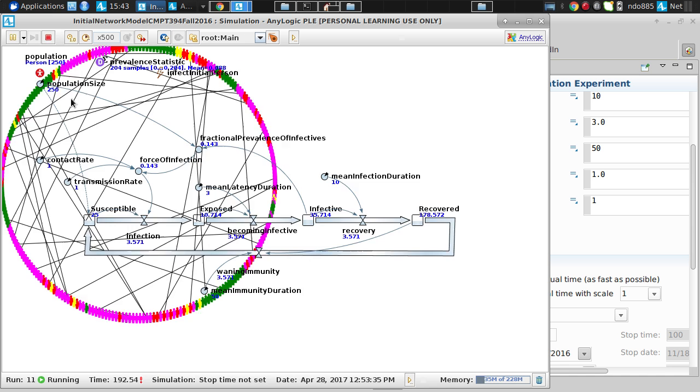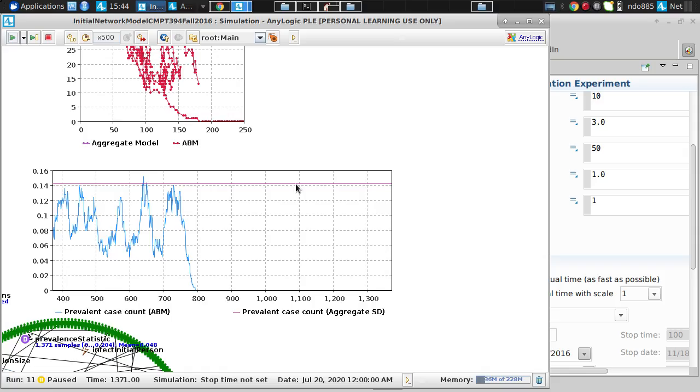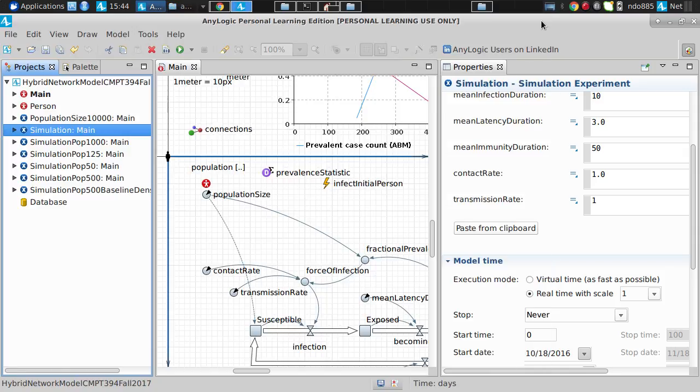It can still die out easily, but we do get this kind of dynamics, which is more similar to what we get with a random network than with a purely ring lattice. Just those small number of connections.